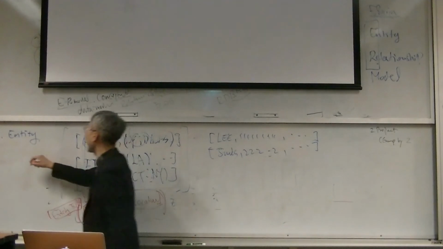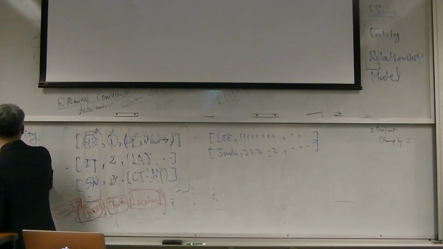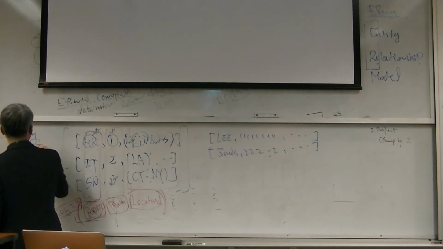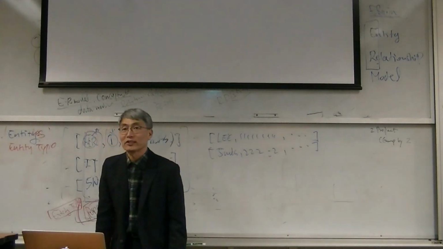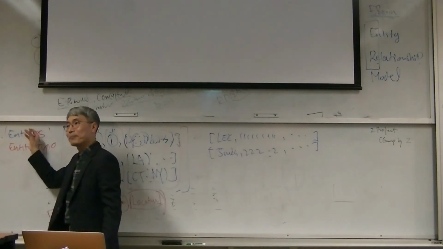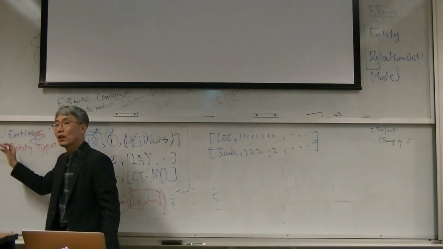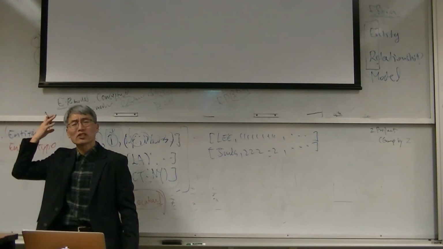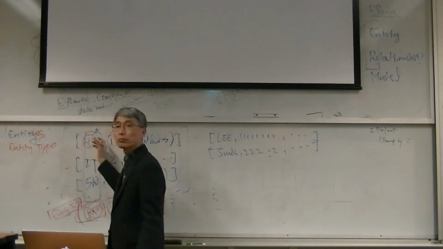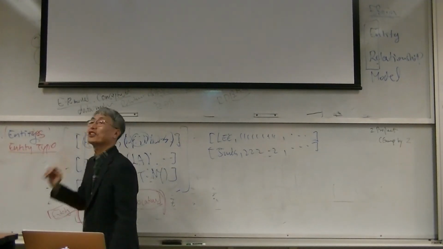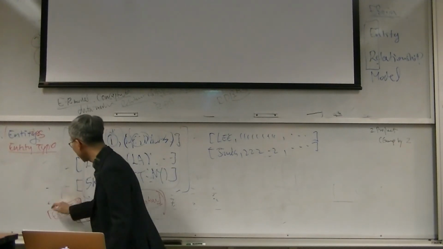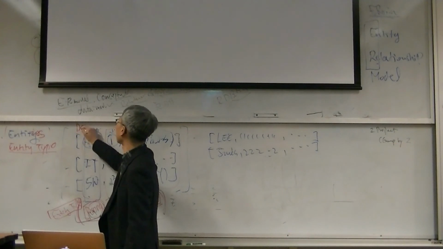So the first step is to identify, from a number of entities, and group similar entities. How do we know they are similar? Using attributes, using values, then we can find the entity type. Then name it. This is the department.